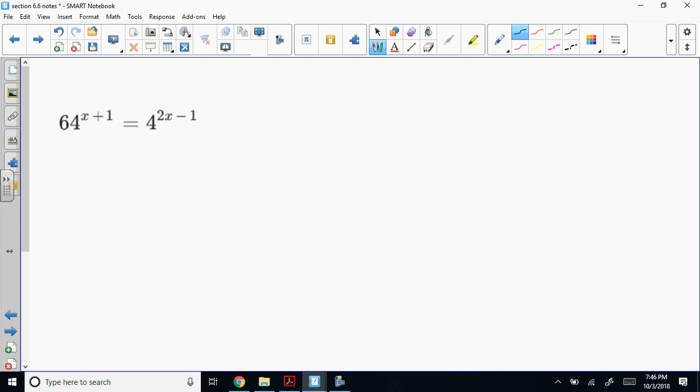If you're familiar with those, then you can rewrite bases pretty good. I can rewrite this two ways and still get the same answer. Just depends on what base you want to go to.